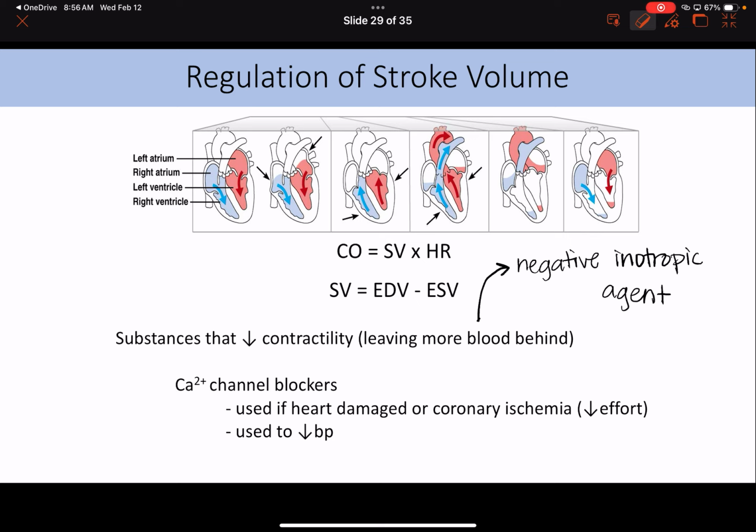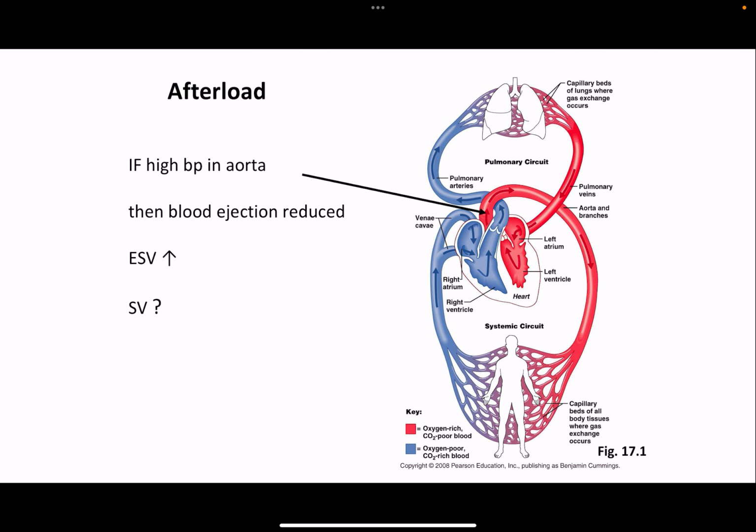Okay, so we talked about preload, which is related to the amount of blood that we start off with that's going to be ejected. Now we have what's called afterload. Afterload is the pressure the ventricles must overcome to eject blood.